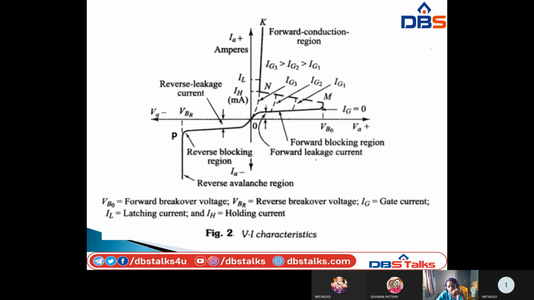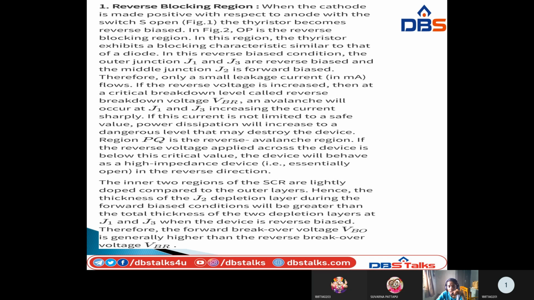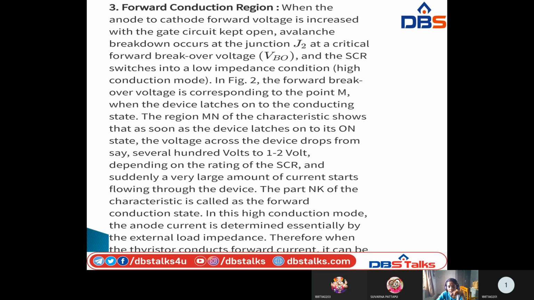At first the leakage current will be flowing, and whenever gate input is given, only then the thyristor will conduct. So this is the forward conduction region. In the reverse blocking region, there is leakage current flowing first. Whenever the reverse avalanche region is reached, then reverse current will be flowing. Okay. So these are the static VI characteristics.